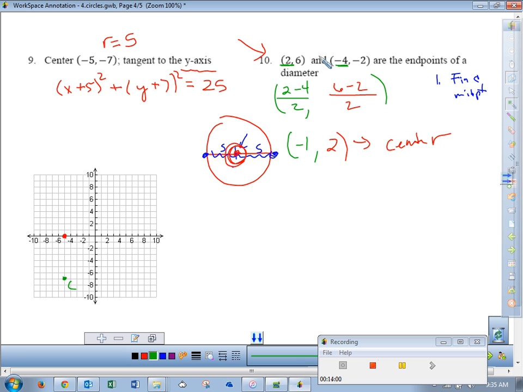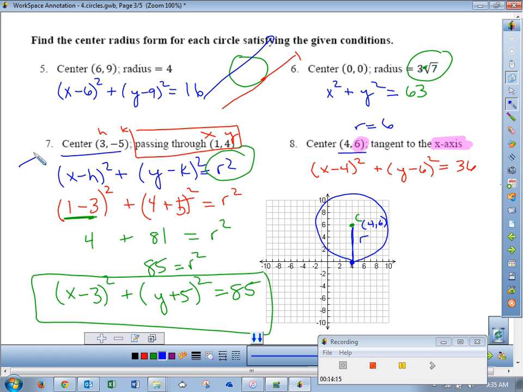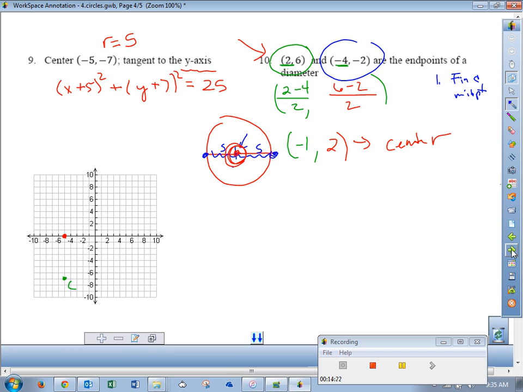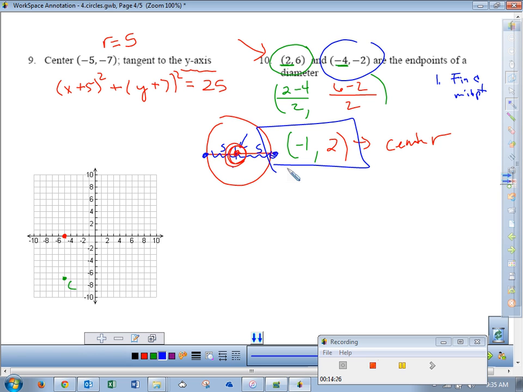Well, this is a point on the circle, and so is this. I don't need both of them. I just need one of them. Can we do the same thing that we did back here on number 7? If I know the center and a point on the circle, can't I use this generic formula right here and sub in? So you must make sure that you're using the right 2 points. You have to use the center, and then which point did you use?